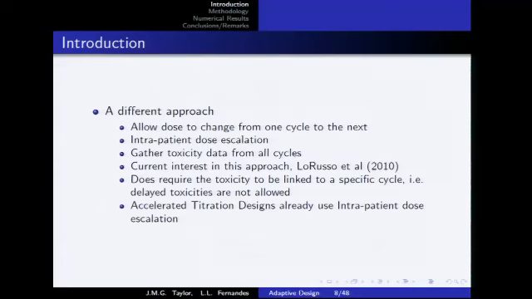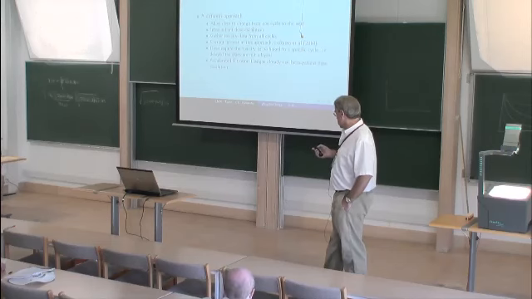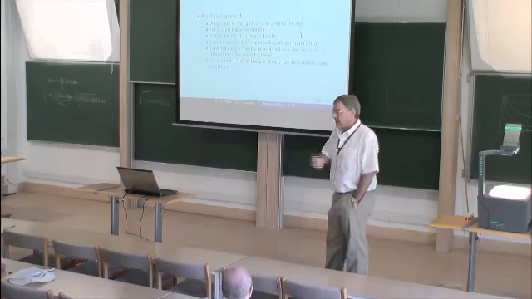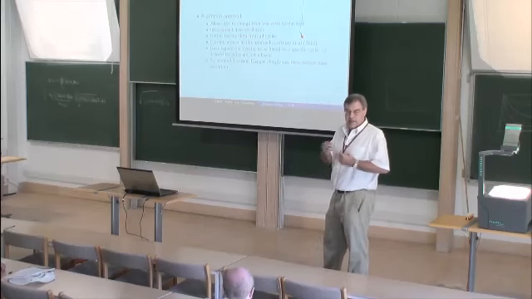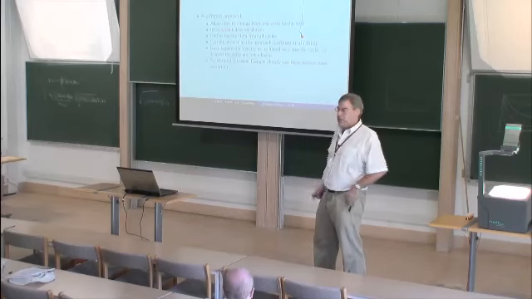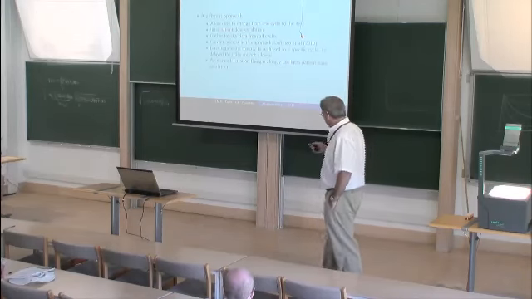This is only going to work if you can assign the toxicity to the cycle. If you've got massively delayed toxicities, this isn't going to work. So you've got to think about something that you can assign to what was given in that cycle. And the accelerated titration design, which is out there and gets used a little bit, has some aspect of intra-patient escalation.